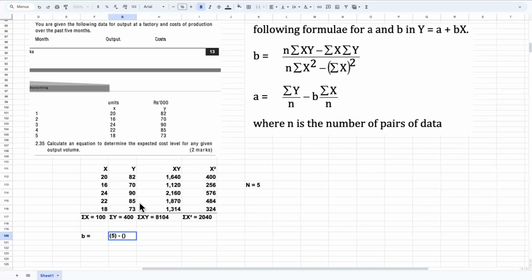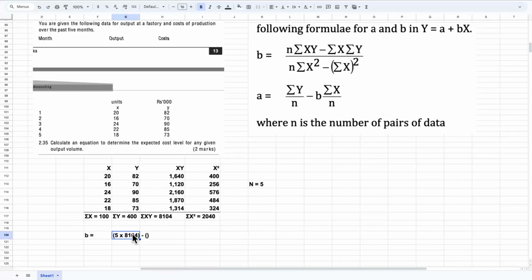Then sigma xy is 8104, right? So 5 times 8104. Then the second one, sigma x times sigma y. Sigma x is 100. Sigma y is 400. That's all.